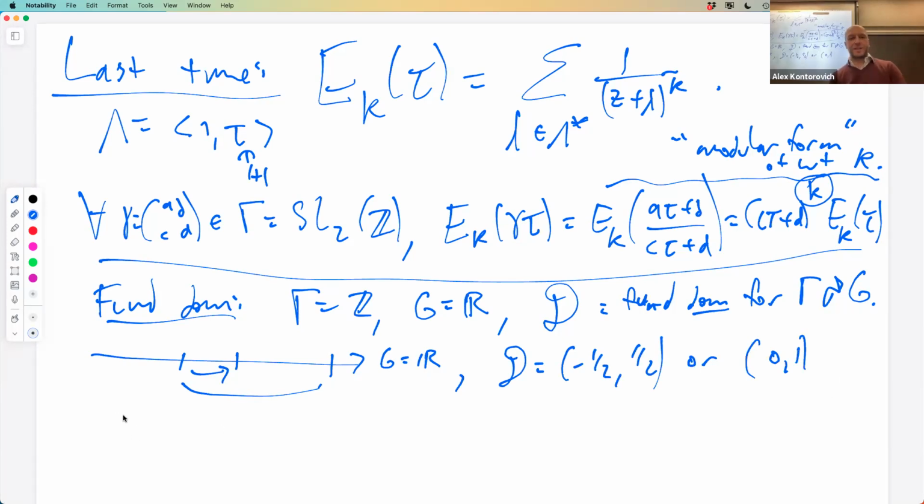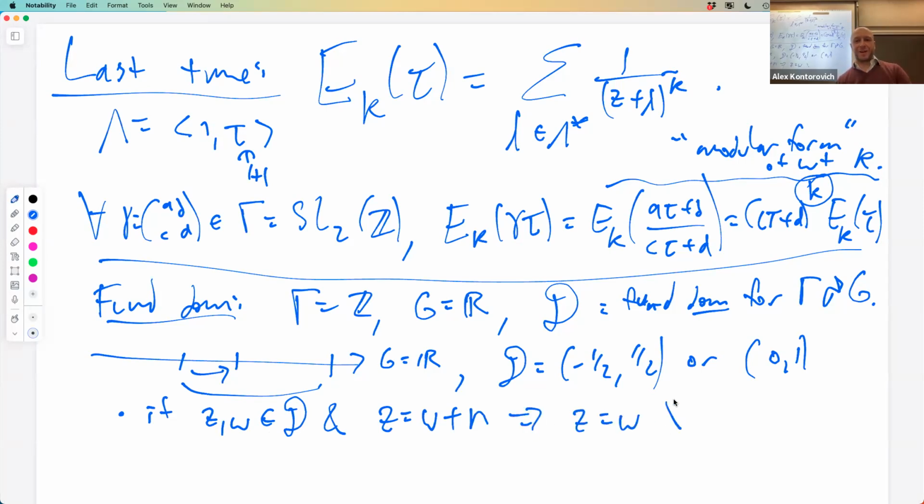What are the salient features of the domain? How should we put this? If Z and W are both in the domain, and Z is equal to W plus an integer, since this action is additive, then in fact Z equals W, and that integer is the identity element in the group.